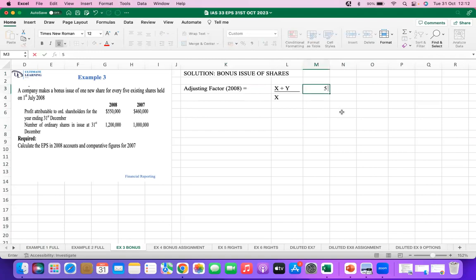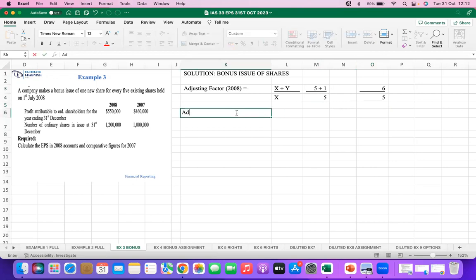So we have 5 plus 1 divided by 5. That gives you 6 over 5. So the adjusting factor of the current year is 6 over 5.